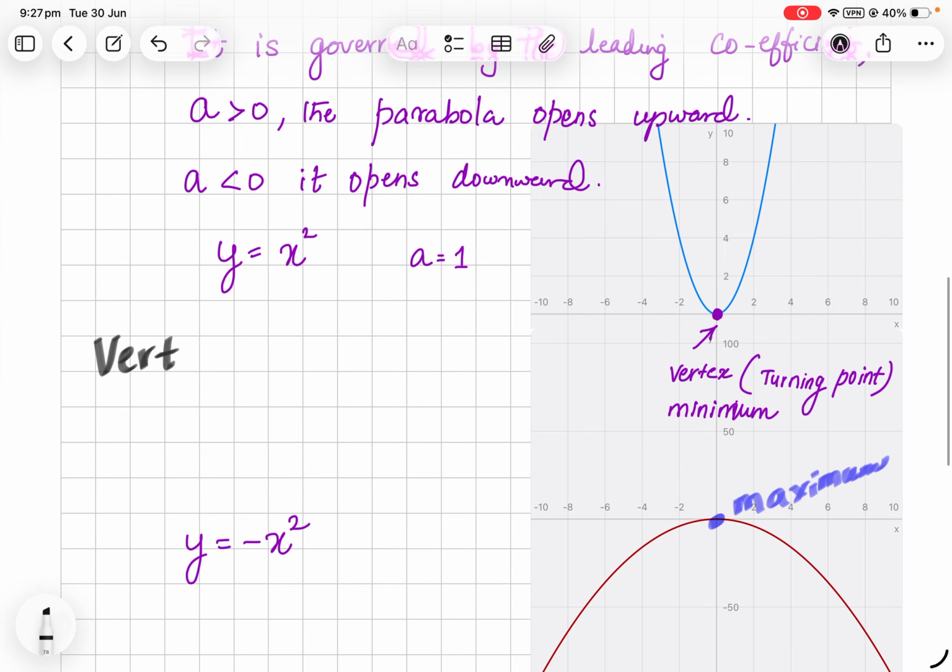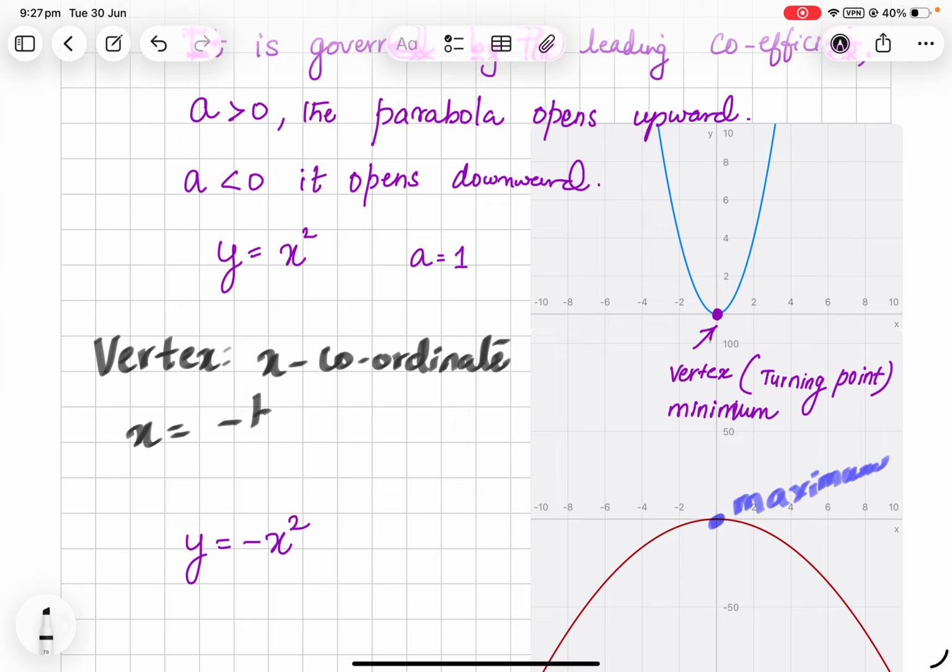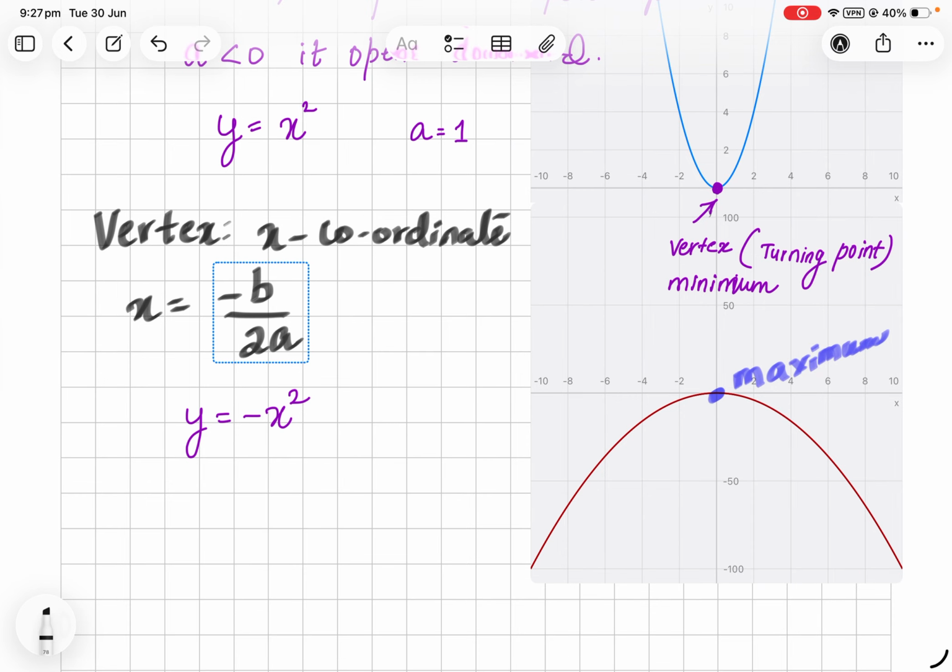Your vertex x coordinate you can find by using minus b divided by 2a. This will give you the maximum or the minimum point, and this is quite important because in the next video, about finding the maximum height that the ball can reach, I need these formulas. So I'm just trying to recollect or revisit that with you.